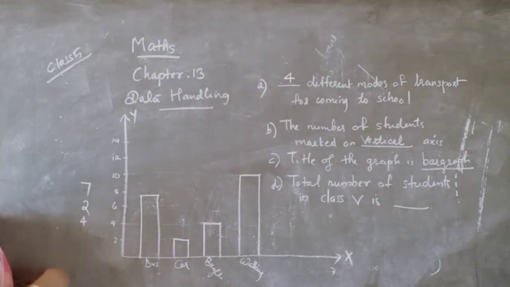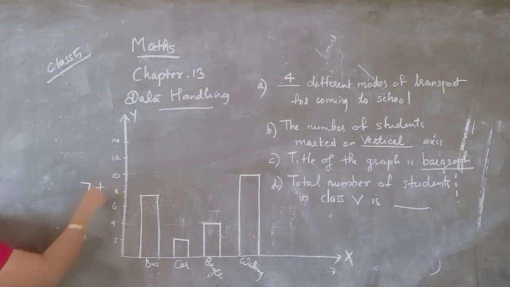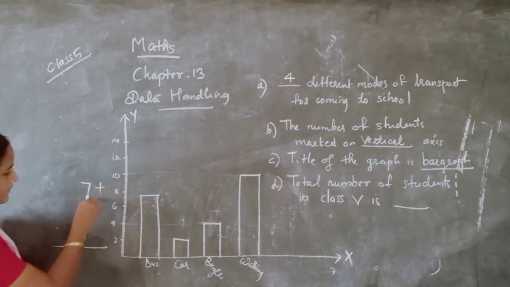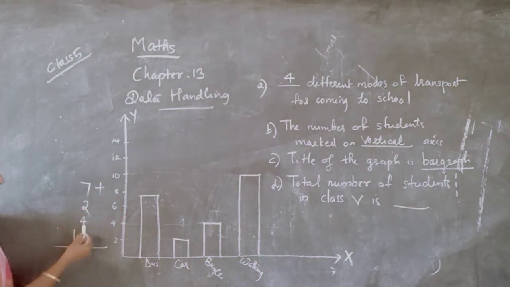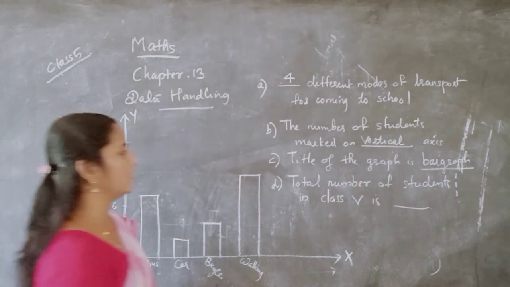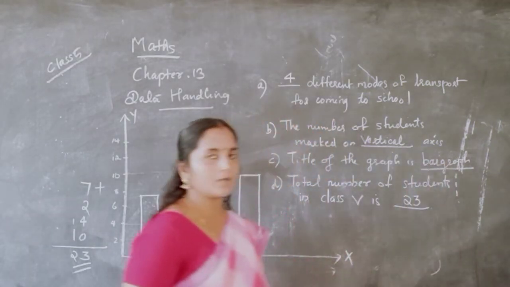By walking, 10 students. If you add all these, you get the total number of students. 7 plus 2 is 9, plus 4 is 13, adding 10, we get 23. So the total number of students in class 5 is 23.